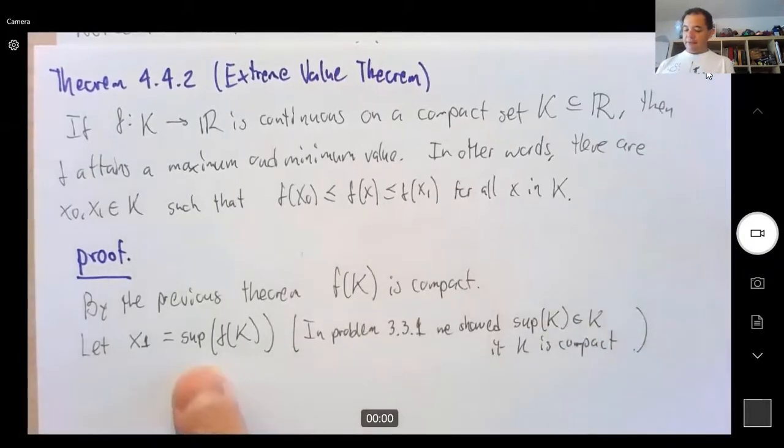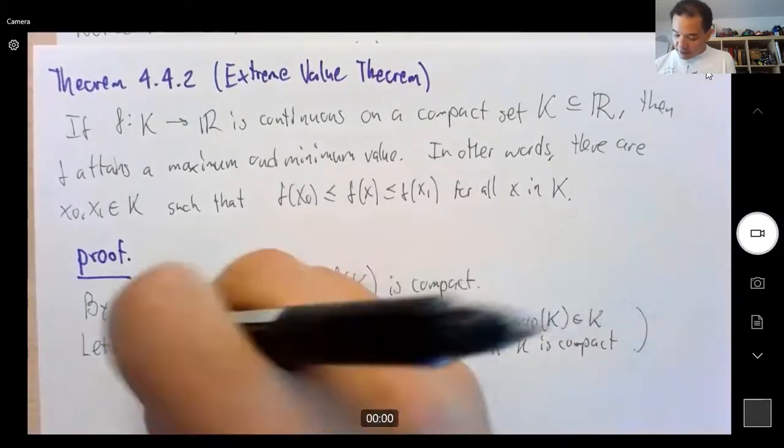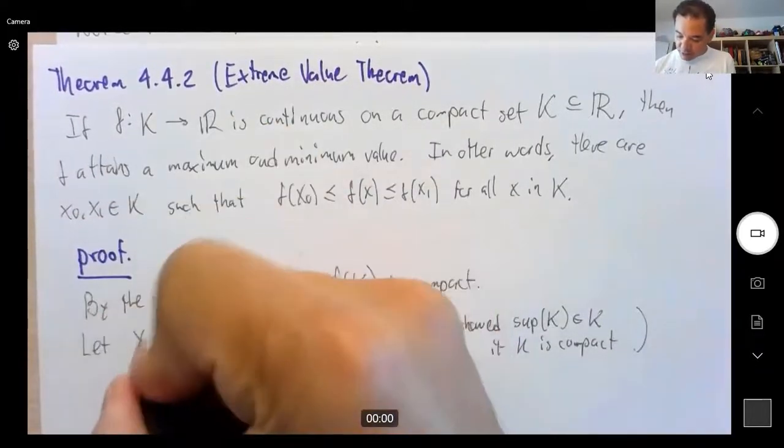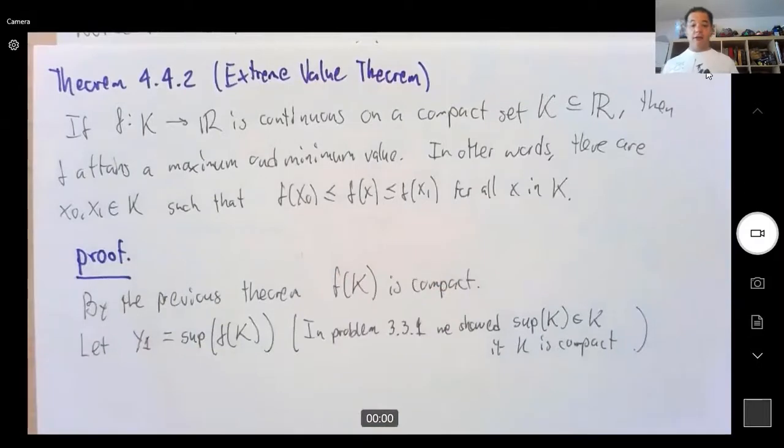And if that happens here, then we're done because this guy will be the maximum, right? I shouldn't call it x1, by the way. I should call this one y1. It's in the image set. Okay, so this would finish it.